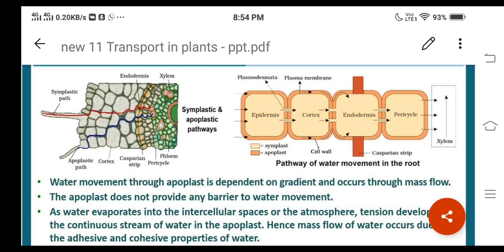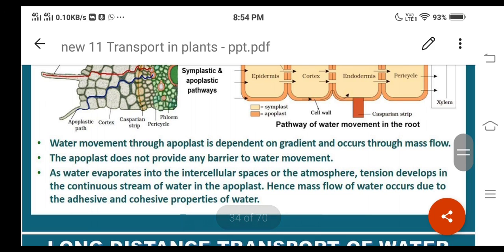One more thing is, as water evaporates, whatever the water content is there in the leaf, into the intercellular spaces or the atmosphere. This sentence is related to the leaves.